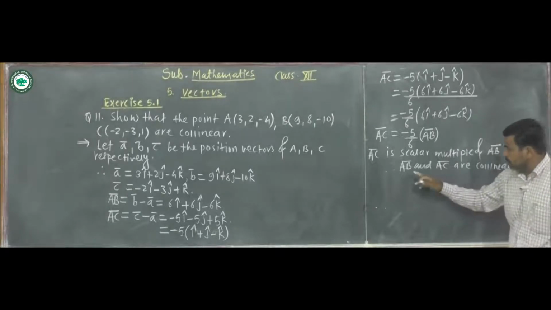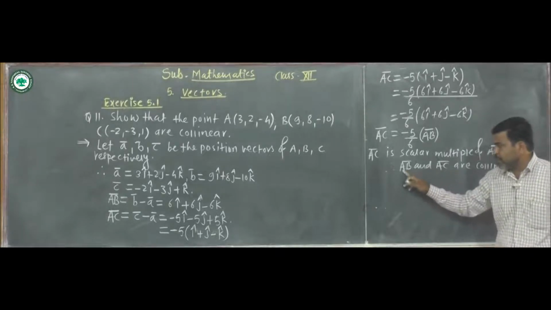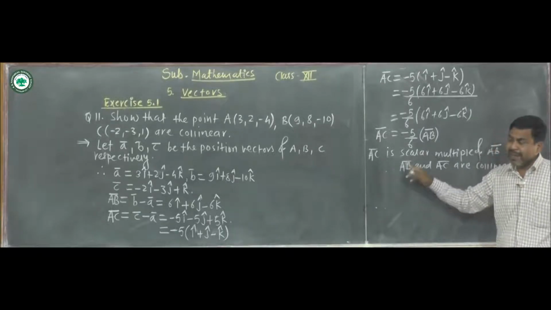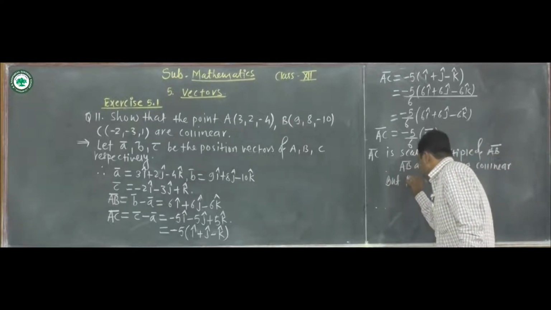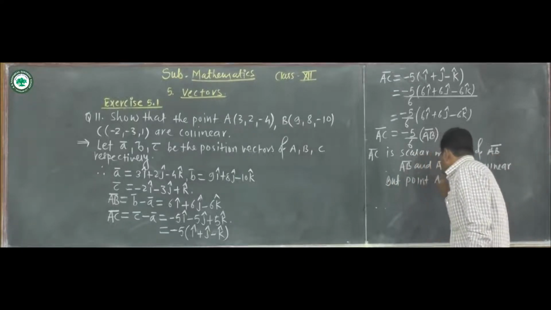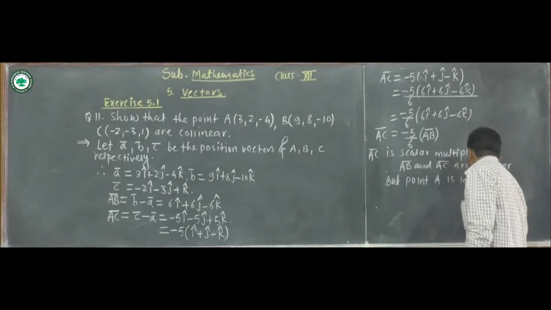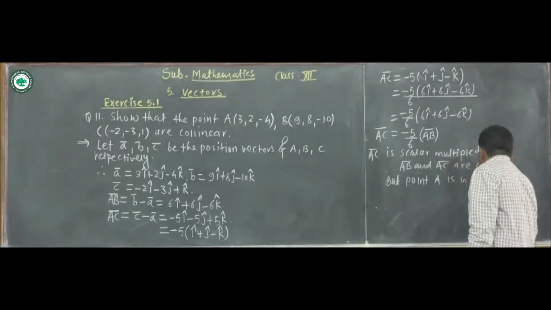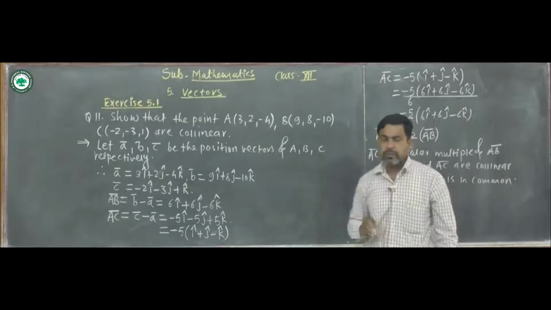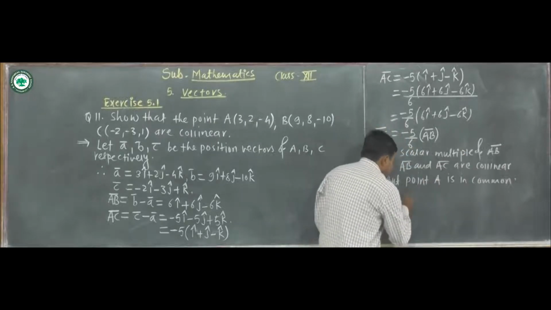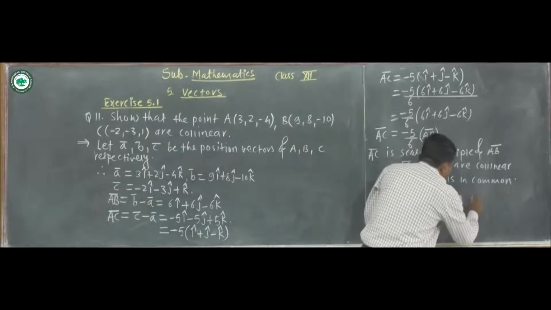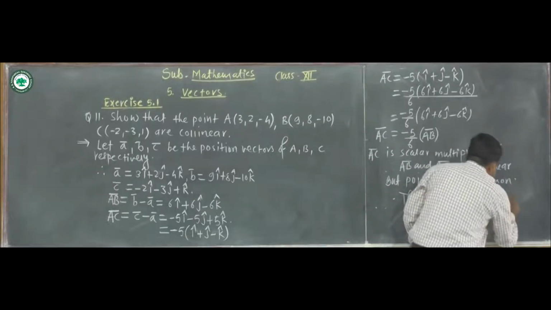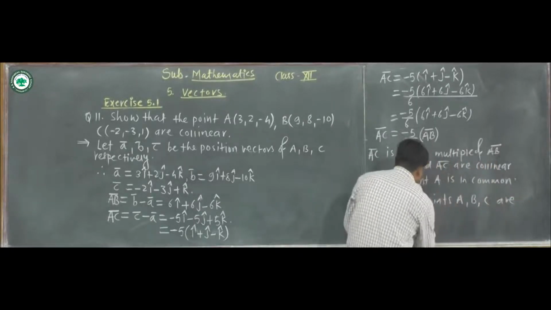But if we observe AB bar and AC bar, there is one point common, A. So they are not parallel, they lie on the same line. But point A is in common. So therefore the points A, B, C are collinear.